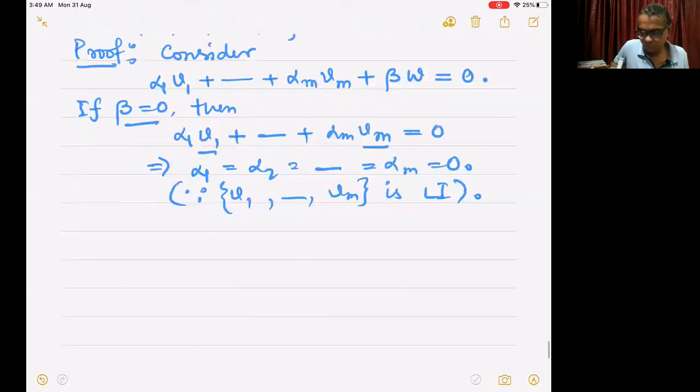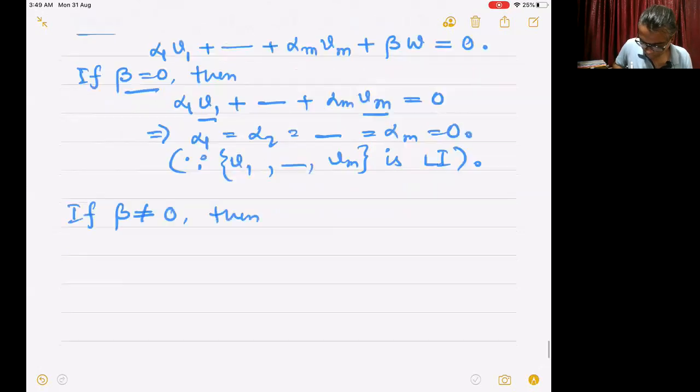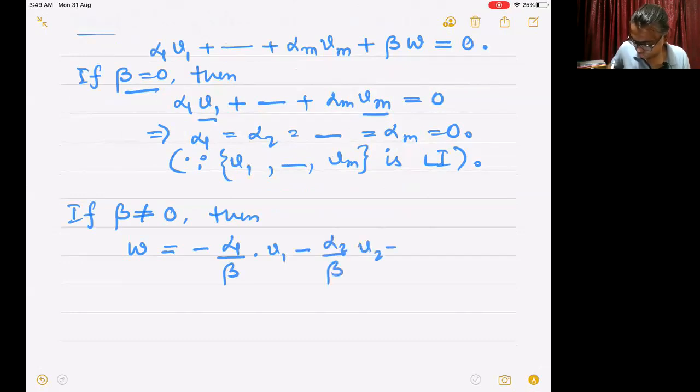On the other hand, if beta is not equal to 0, then w can be written as minus alpha 1 by beta into v1 minus alpha 2 by beta into v2 minus dot dot dot minus alpha m by beta into vm, which is in fact in the span of v1 up to vm.